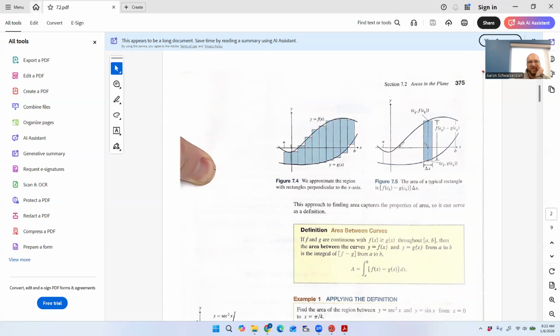For this little section here, I want upper minus lower, correct?